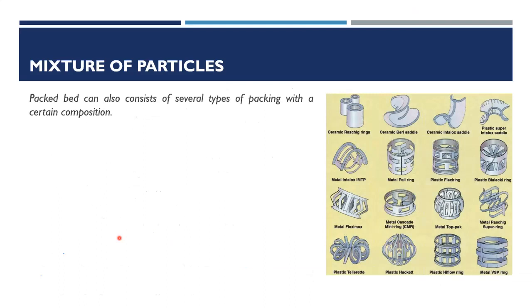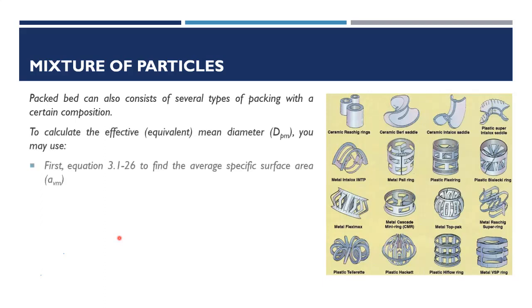Previously we assumed that the packing particles are uniform. However, in this subchapter, we talk about the mixture of packing particles, because some packed beds consist of several types of packing material with a certain composition.